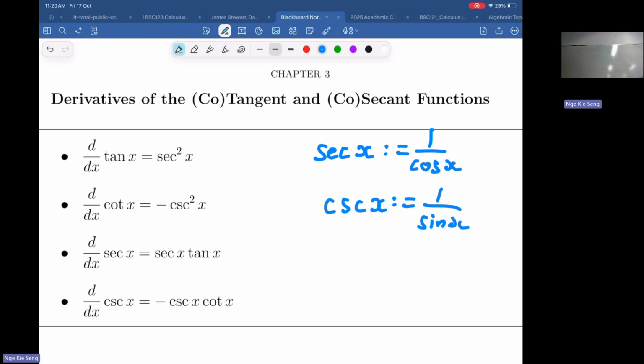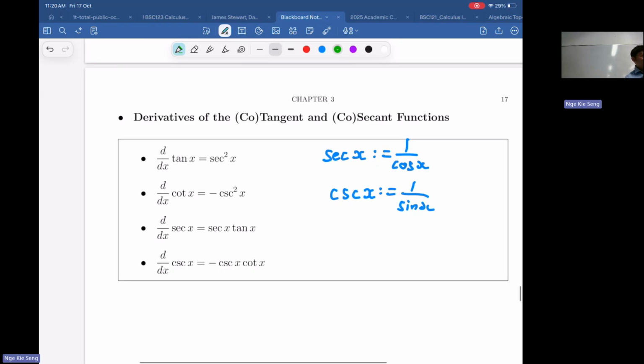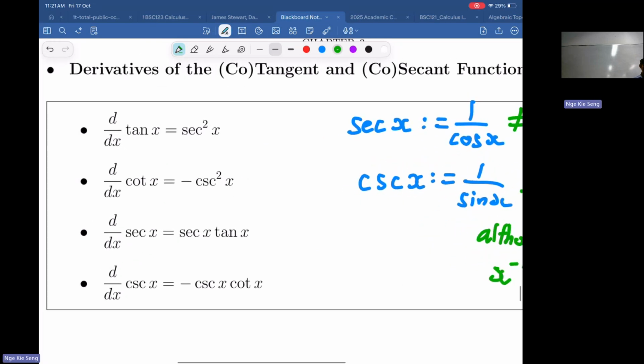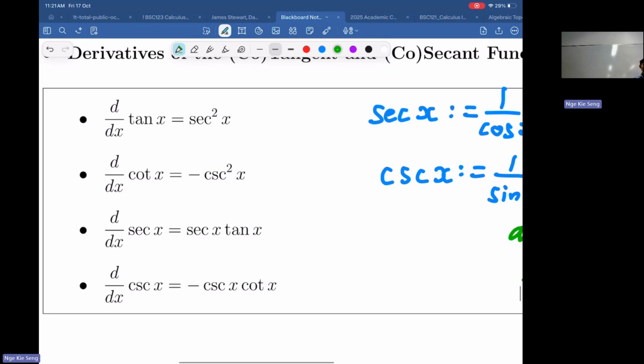Maybe remind yourself, 1 over cos x is not like cos inverse x. It's different, so don't confuse yourself. 1 over a function is not necessarily the inverse function, although x to the power of minus 1 is like 1 over x. So if you differentiate tangent x, you get secant squared x, and if you differentiate cotangent, we haven't defined cotangent. You know what's cotangent?